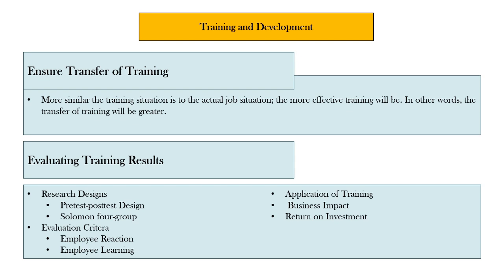There is a knowledge transfer or skills transfer. The more similar the training situation is to the actual job situation, the more effective training will be. In other words, the transfer of training will be greater. Please take note of that.